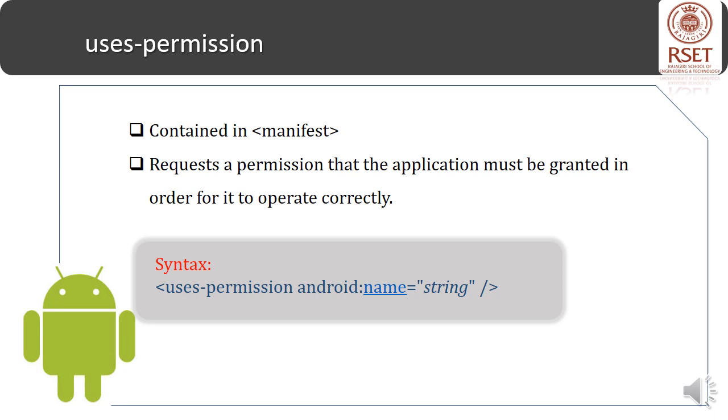It can be a system permission, like when you are trying to access the camera in a smartphone for your application. Then you need to specify it as a system permission. If you are requesting a permission defined by the application with the permission element, you have to mention it likewise. Or you can request a permission which is defined by another application.